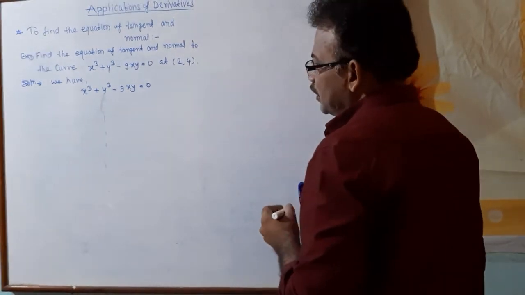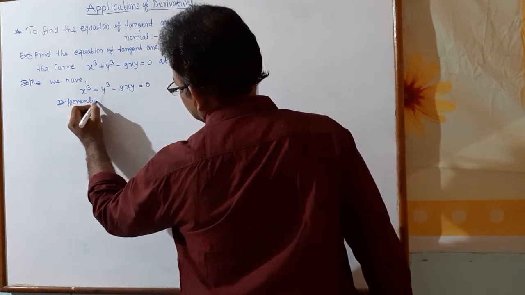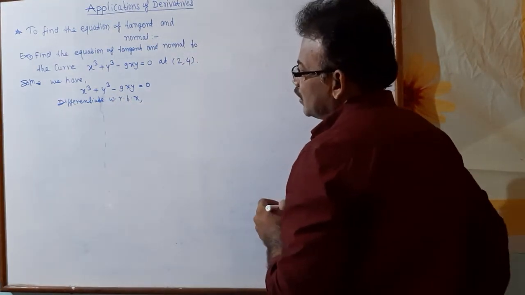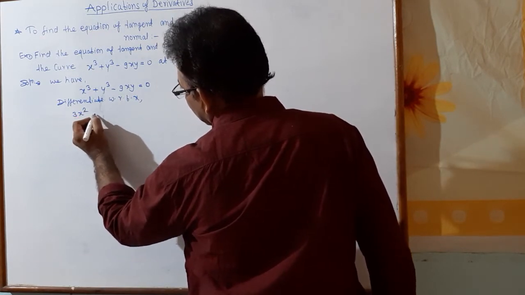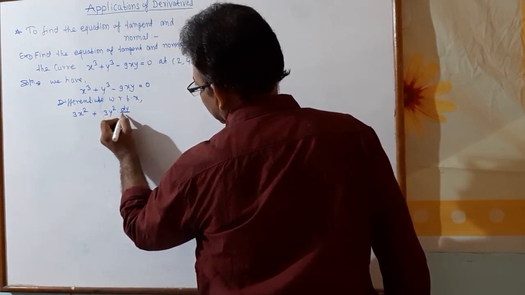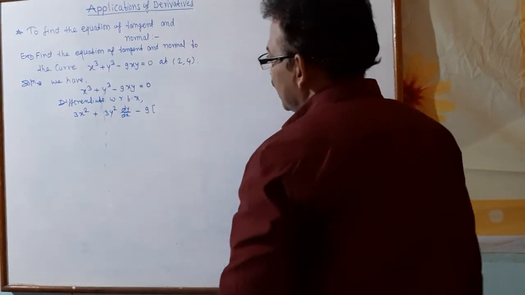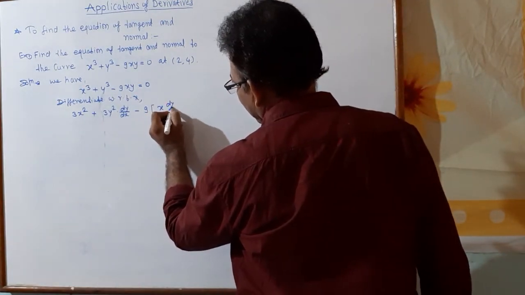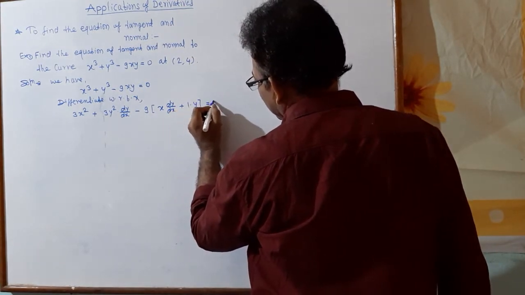First we differentiate this equation with respect to x. We have to find dy by dx, that means the slope of tangent. So derivative of x cube is 3x square, plus derivative of y cube is 3y square into derivative of y, that is dy by dx, minus 9 constant, derivative of xy, that is a product, apply the u into v formula: first function x, derivative of y is dy by dx, plus derivative of x is 1, second function y, equal to 0.